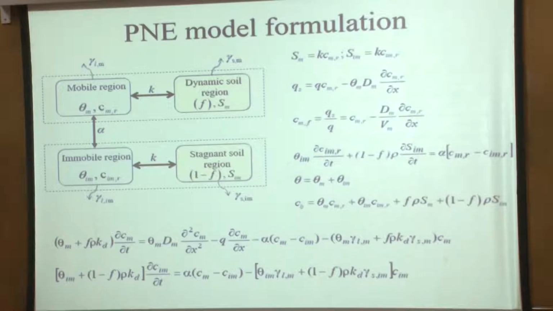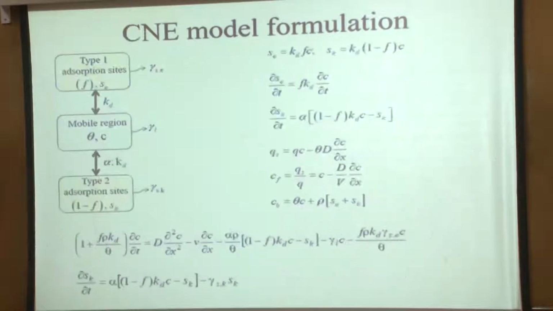So this is our setting for the physical non-equilibrium model, and this is a more general kind of model, so we will keep it. The other one, remember, was the chemical non-equilibrium model, which had a different conceptualization. There was only one water compartment, mobile. However, the solid phase attached to this mobile water, at some places, exchanges with the liquid phase instantaneously, at equilibrium.